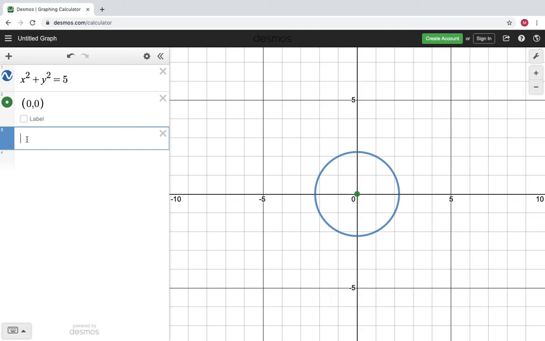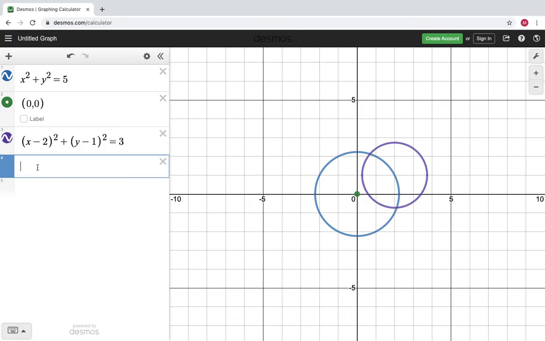And if we graph the other one, that would be x minus 2 squared plus y minus 1 squared equals 3, and we said the center for that one was at 2, 1. So that's our two centers. So what is it that we found by finding the square root of 5? We found the distance between these two centers, which was the goal of example number 2.